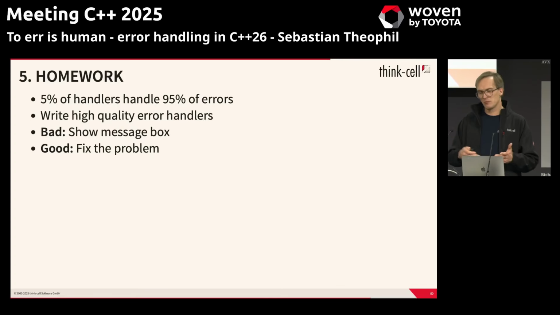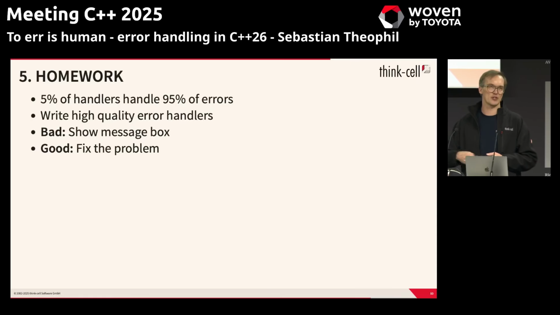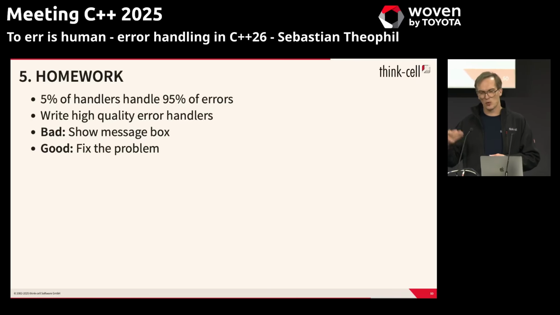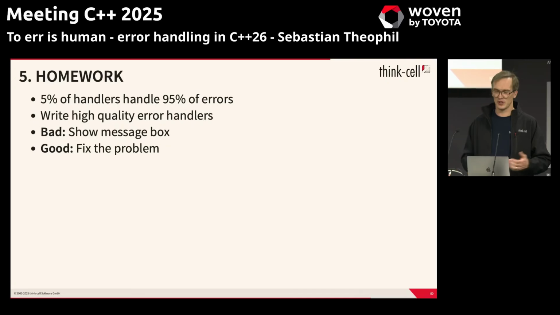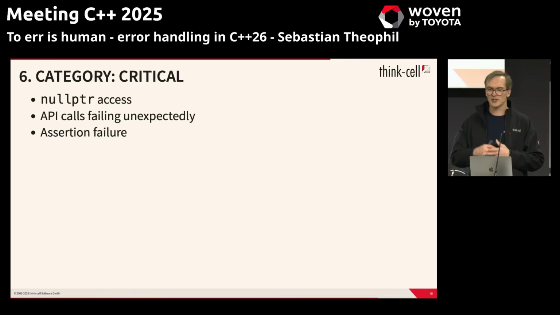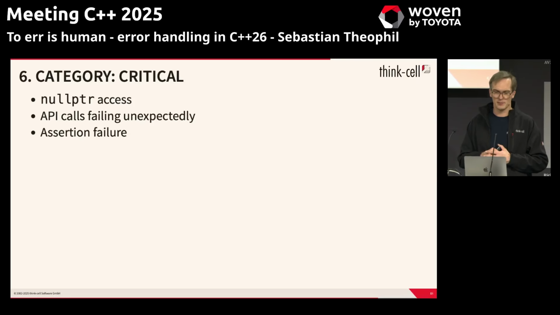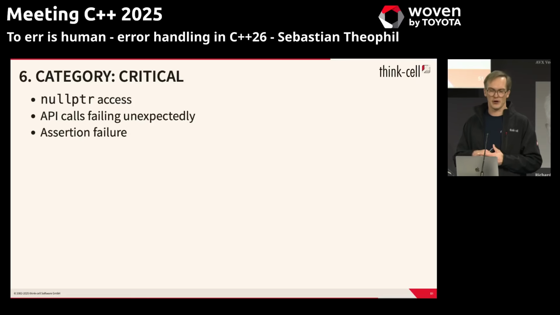And then we, as a further step, have different categories of errors. This is something that Timo wanted to know about for improving the contracts proposal, so I hope contracts will get something like that. So we have different categories of errors, and they change the behavior of our error reporting system a little bit. So we have critical errors.